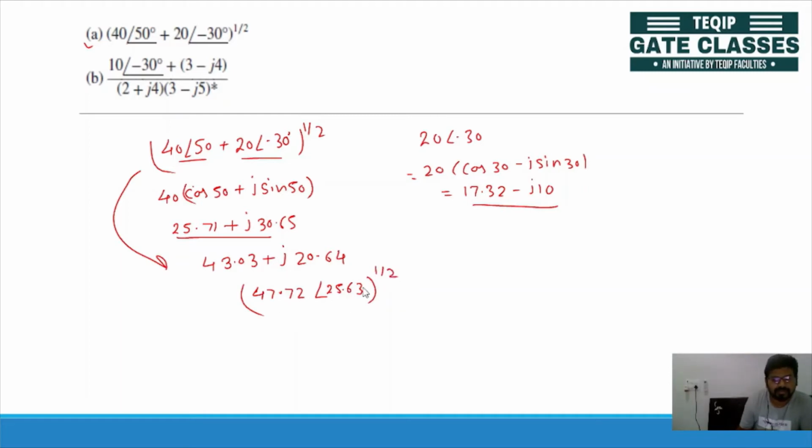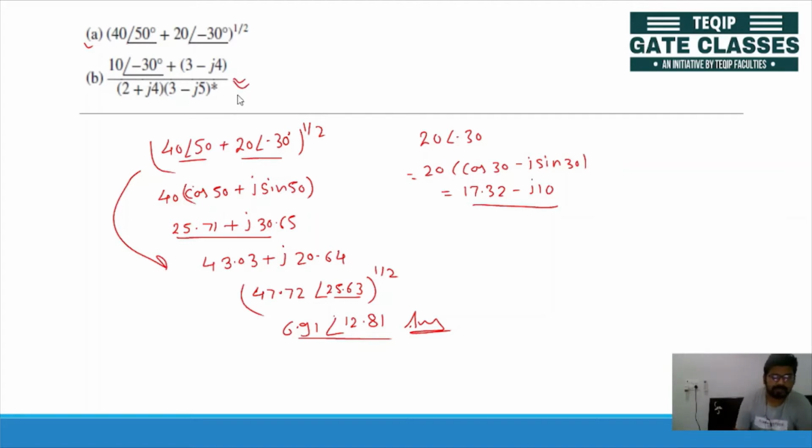The square root of 47.72 will be 6.91, and you have to divide the angle by 2, and it will come 12.81, and this is your answer. This way you have to calculate these polar numbers. The same way you can calculate this one also.